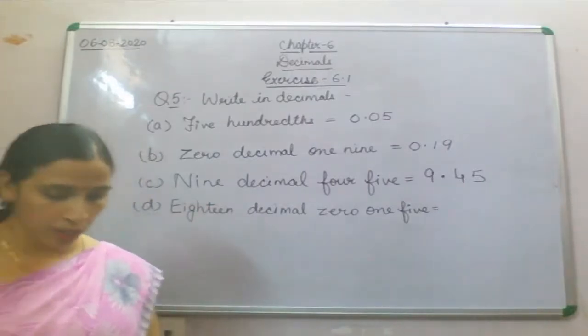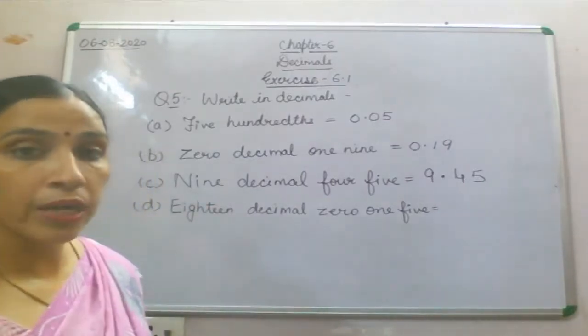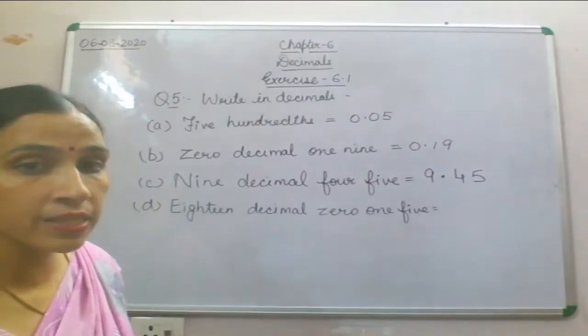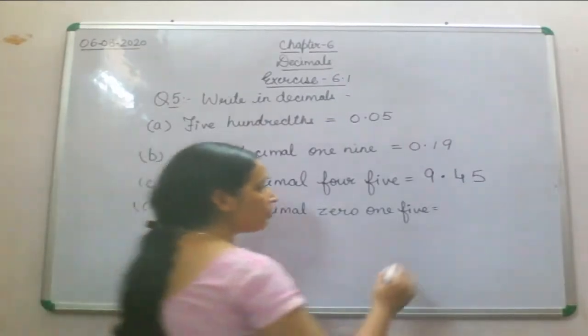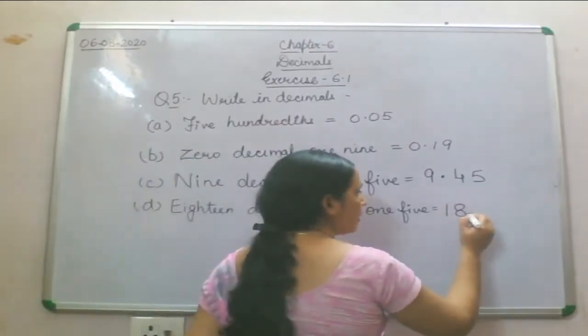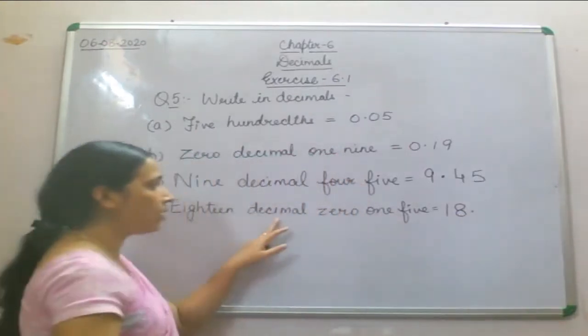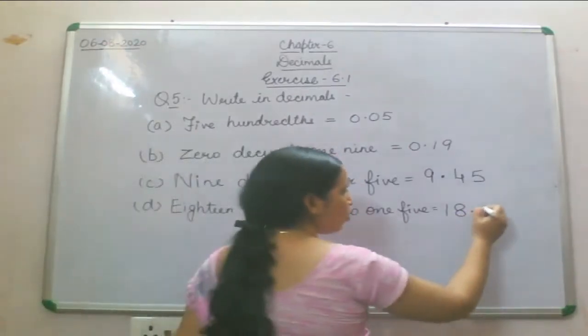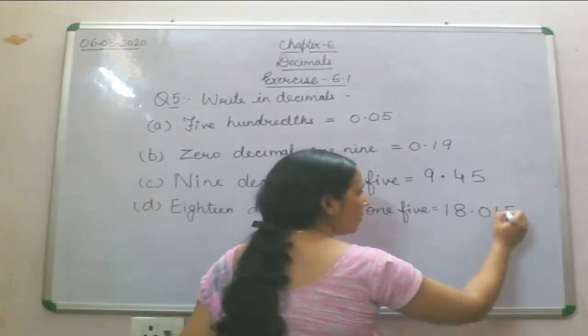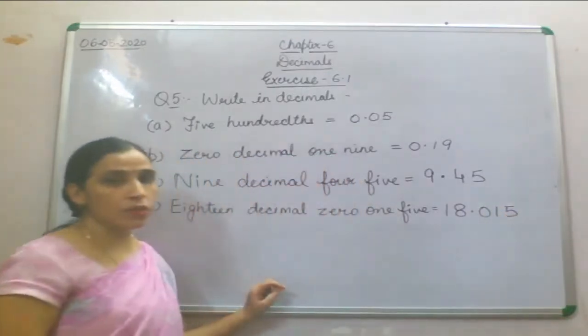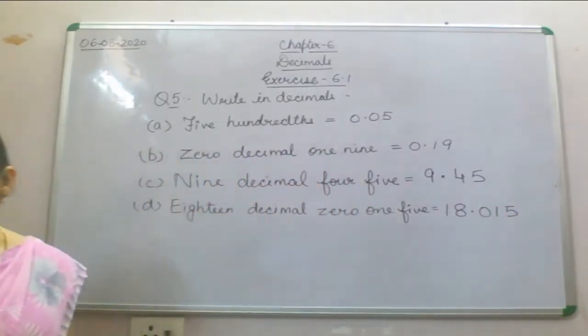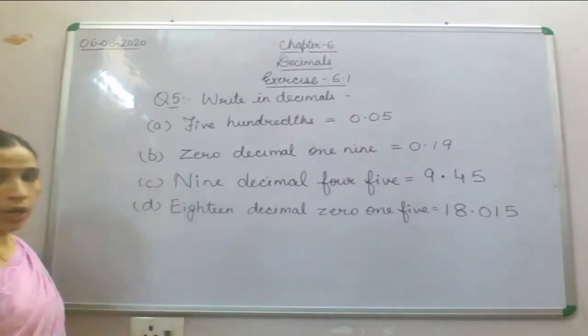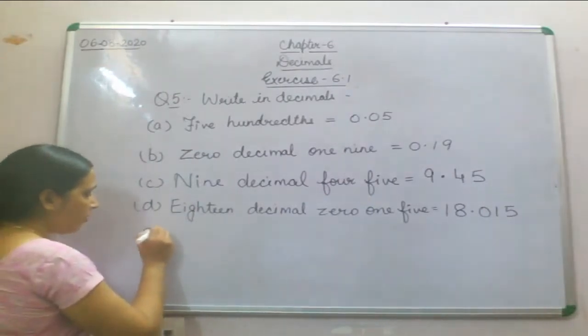That is also correct. What is the whole number part of this? That is 18. So we will write here 18, then decimal, and then 0, 1 and 5.